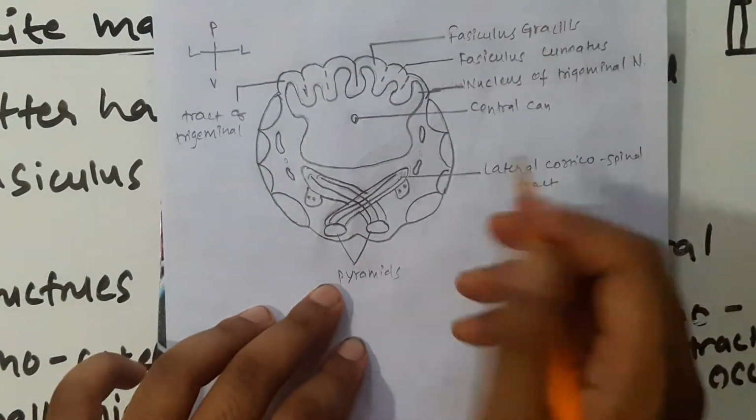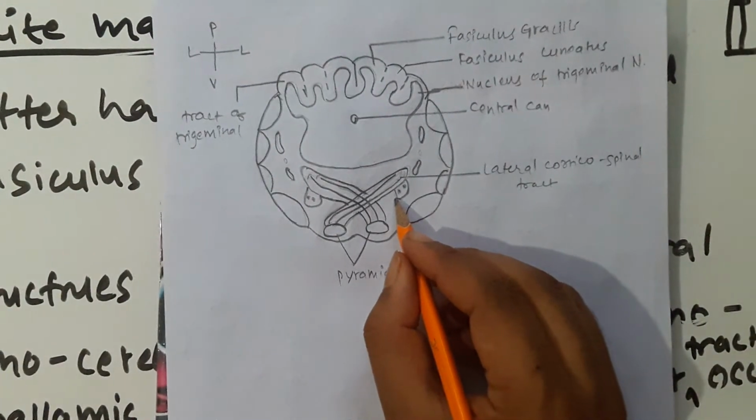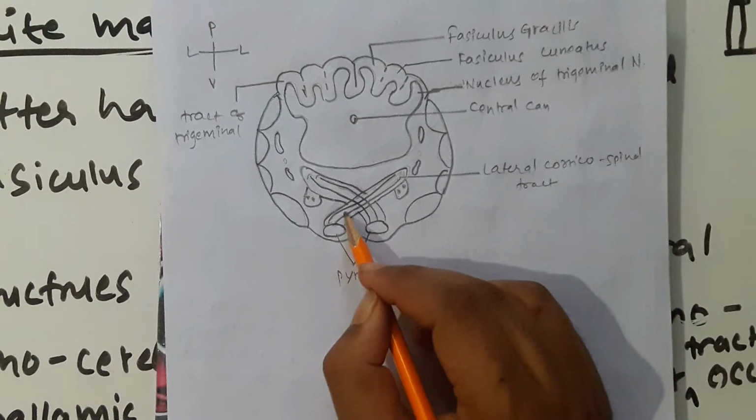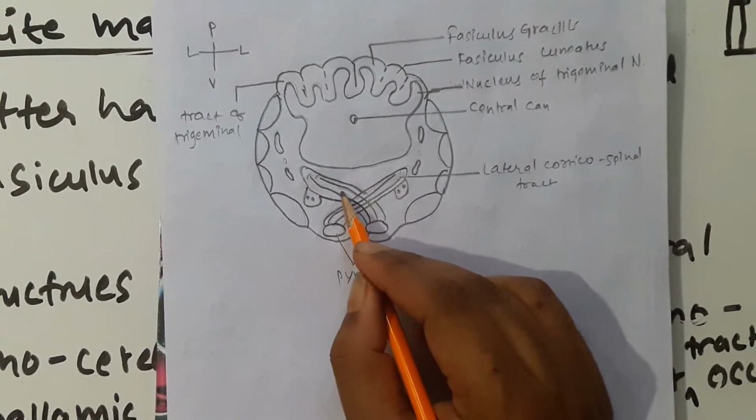Now this is the anterior horn that got separated from the central gray matter due to the formation of the pyramidal decussation, yes or no?